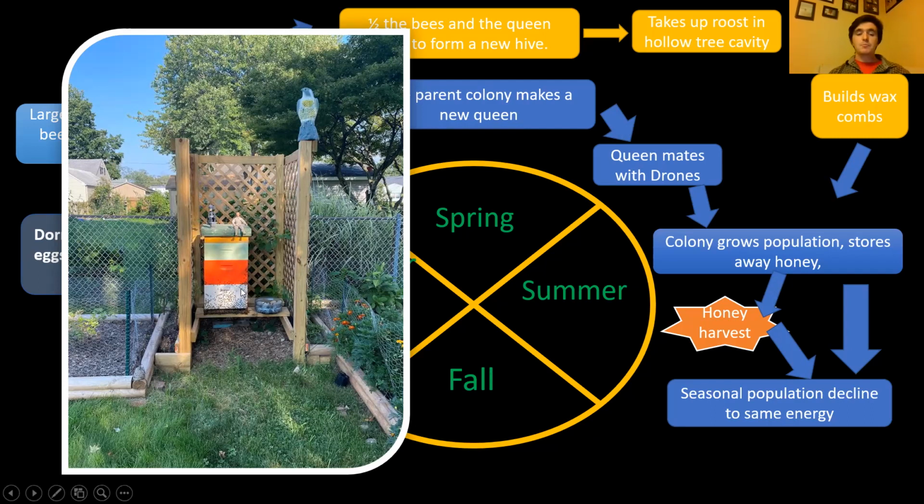A beekeeper can prevent that by feeding them a little bit of sugar water to stimulate them, and that's what we're doing here with this orange box.